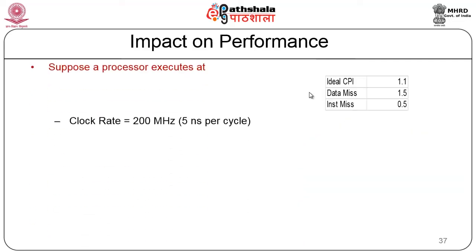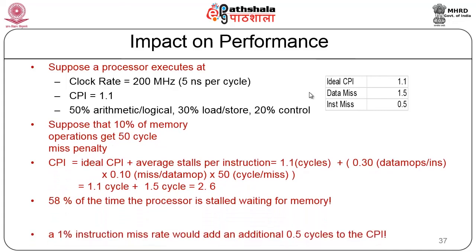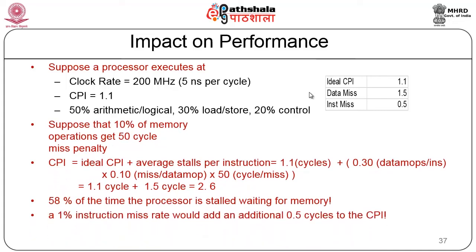Now, to show you an example of the impact on performance, this example gives you details of the clock rate and your original CPI value. It is shown that 50% of the instructions are arithmetic logical instructions, 30% are load store and 20% are control. Assume that 10% of the memory instructions are memory related operations and they get a 50 cycle miss penalty.